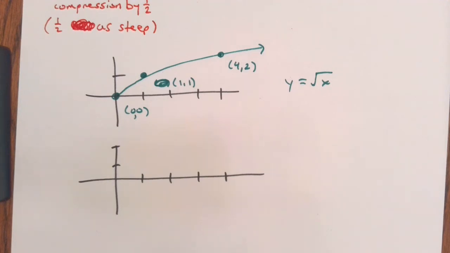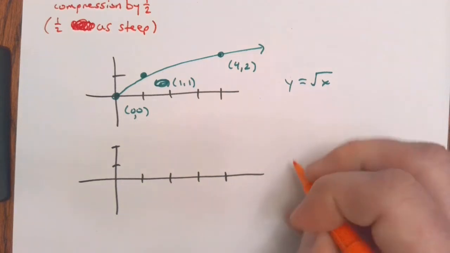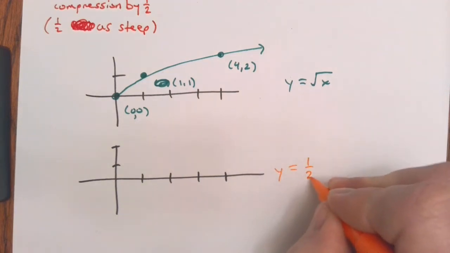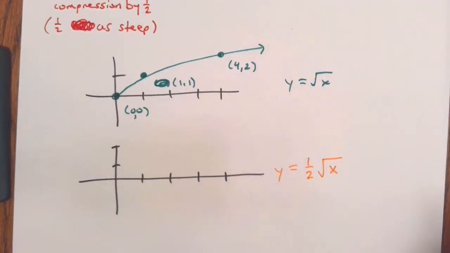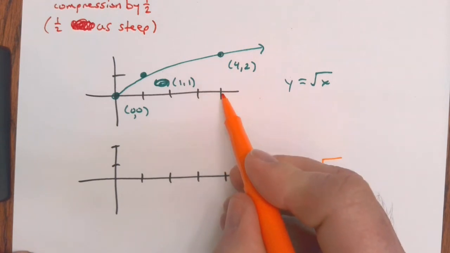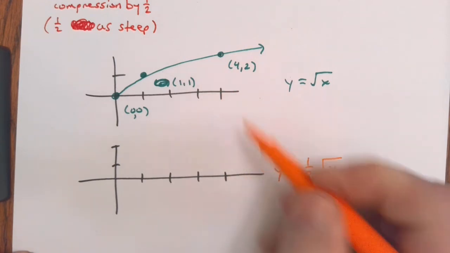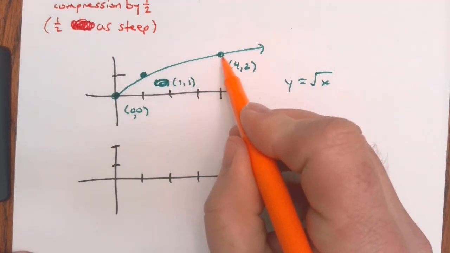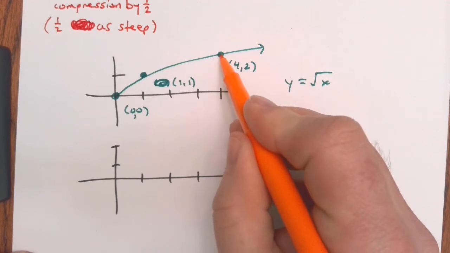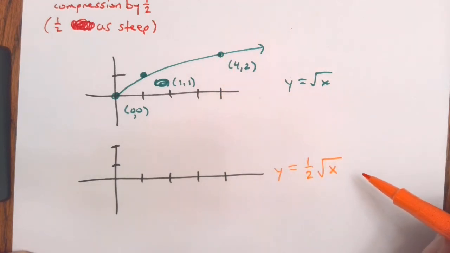So for our equation, y equals 1/2 times the square root of x, that would be just a compression of 1/2. We'd want to take a look at each one of the points that we have here and make them half as tall. This point here, the point 4, 2, is at a height of 2 up above the x-axis. Half of that would be a height of 1.